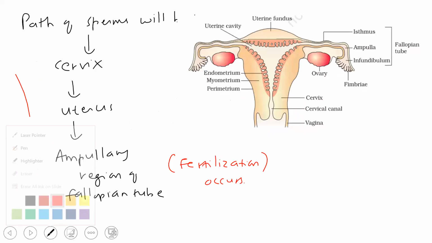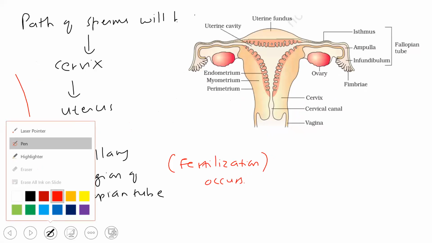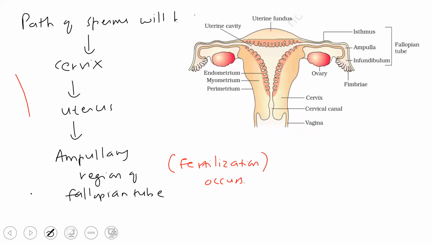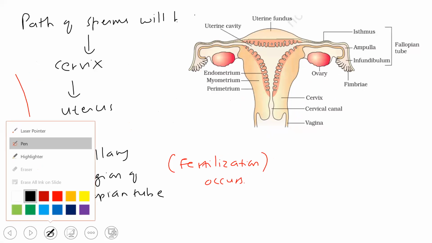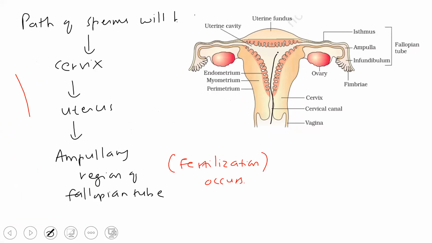Okay, so as you can see, the pathway will be through this region. Through this region, it will reach the ampulla. So over here, somewhere the fertilization will occur, as you can see in the diagram.